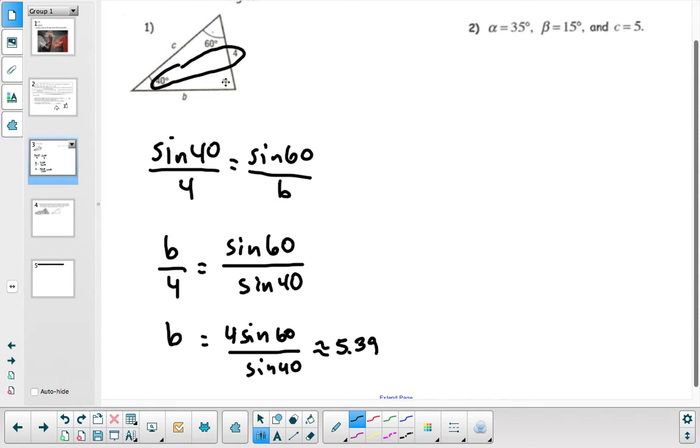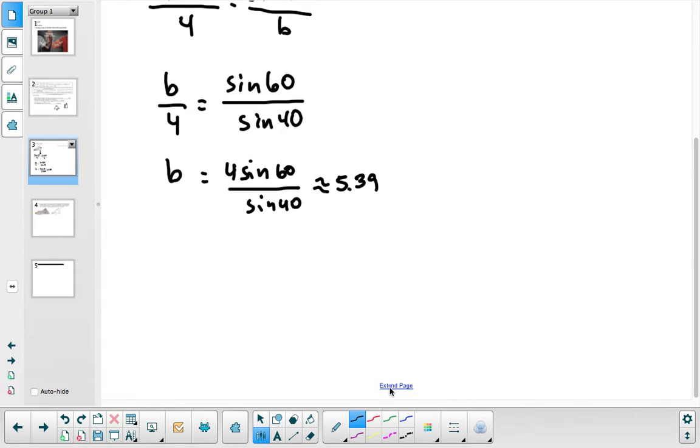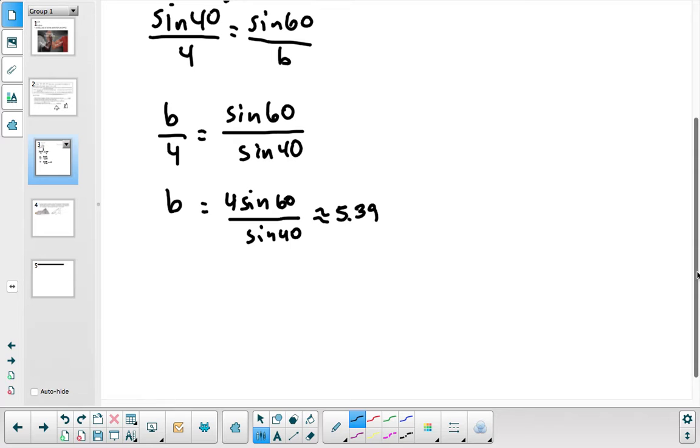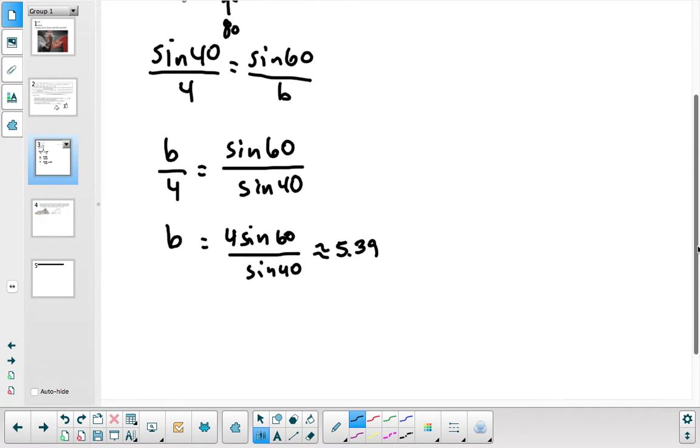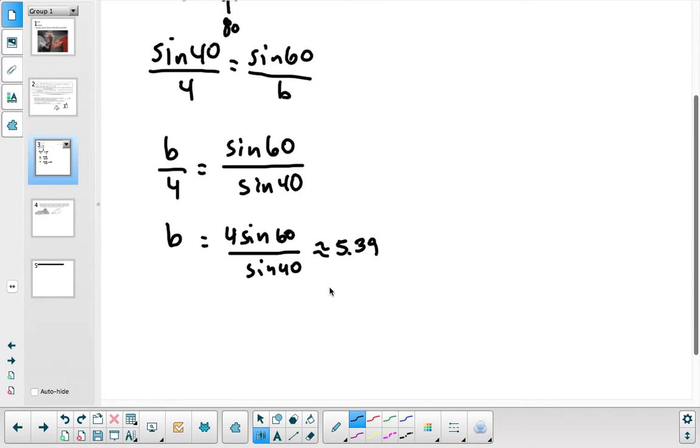Gamma is going to be whatever 180 minus 60 minus 40 is, which in this case is 80, 180 minus 100. With that, we can figure out the others. You could use B, but I wouldn't, because we approximated that, and you're either going to be using a gross decimal or a less gross decimal.